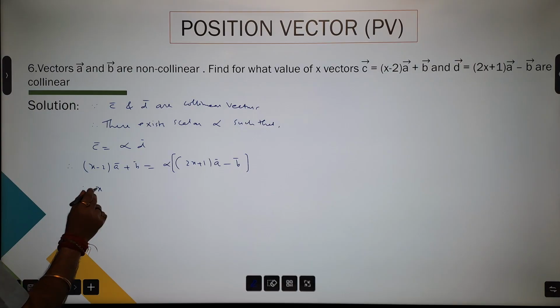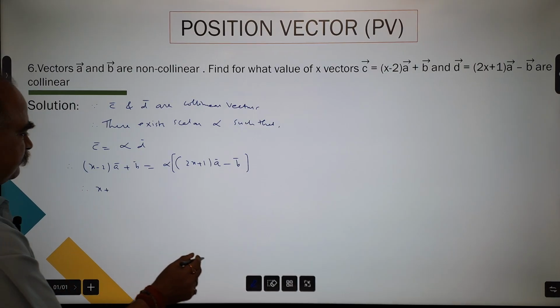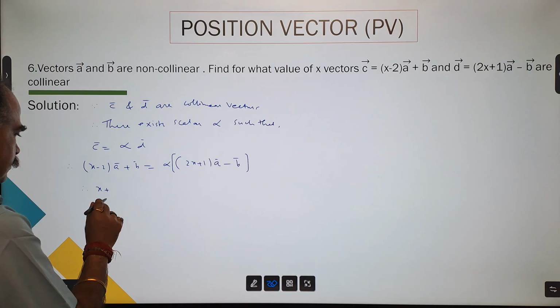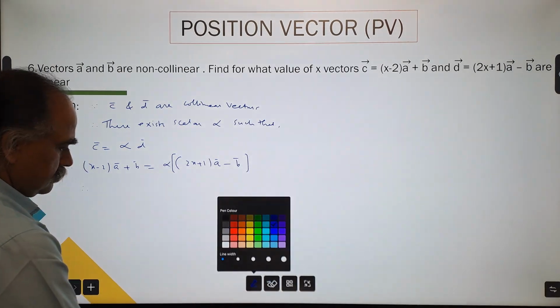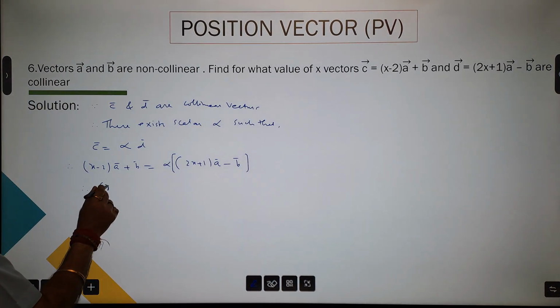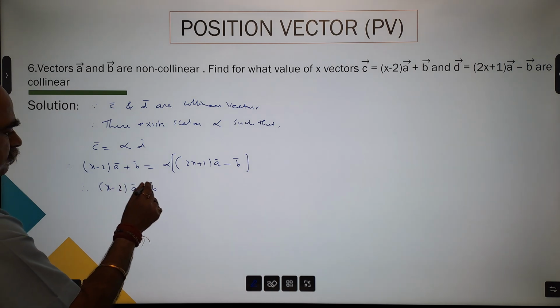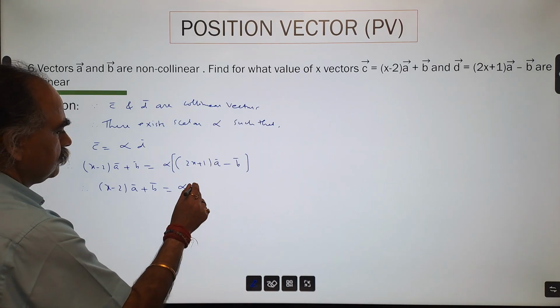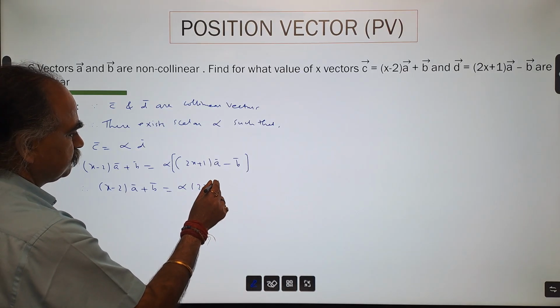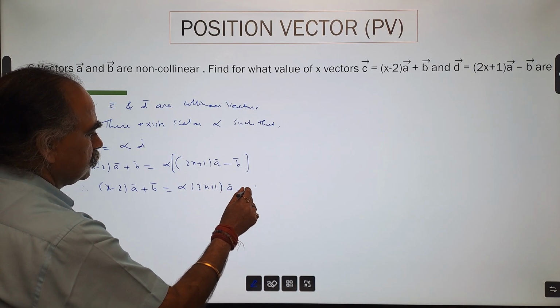Therefore, x minus 2 a bar plus b bar is equal to alpha into 2x plus 1 a bar minus b bar.